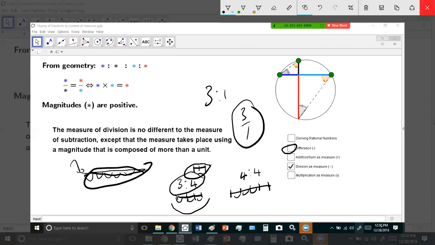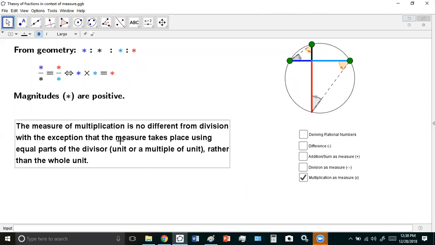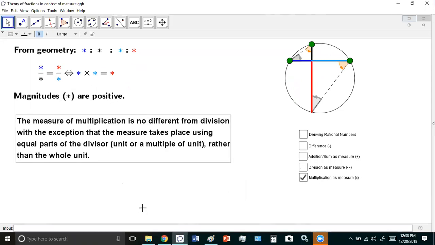And now let's look at the last measure, which is multiplication. Now, the measure of multiplication is no different from division, with the exception that the measure takes place using equal parts of the divisor. In other words, a unit or a multiple of a unit rather than the whole unit.